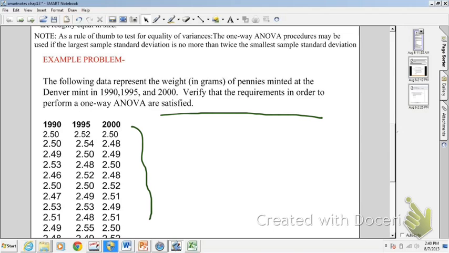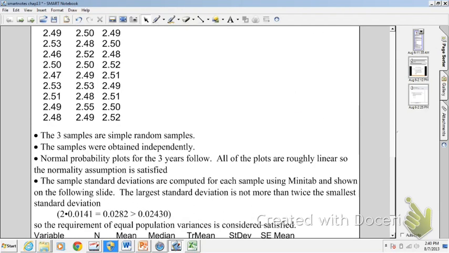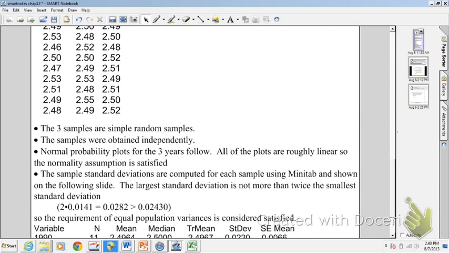So we have our three data sets. We are assuming that they are simple random samples. Okay, so the three samples are simple random samples. They are obtained independently. If we were to make normal probability plots on Minitab, we would see that the data are approximately linear, so the normality assumption is satisfied.